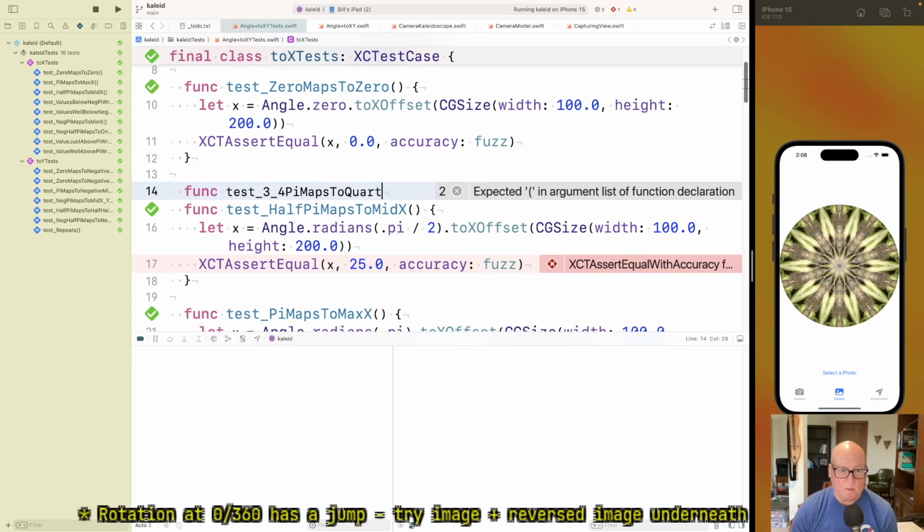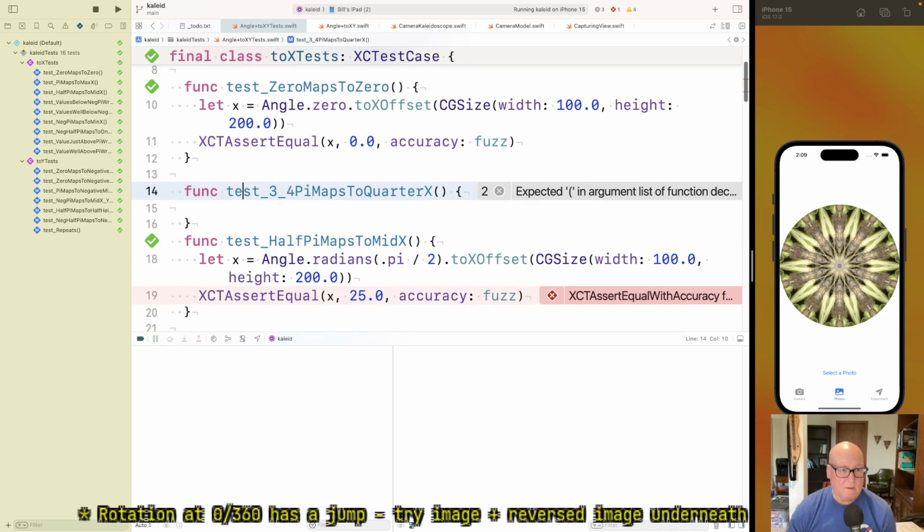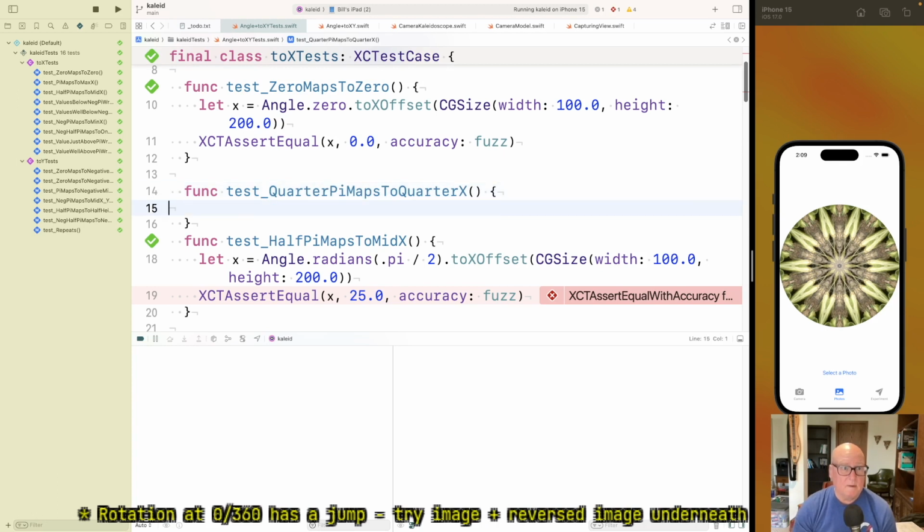I guess we'll do quarter pi first. I don't know, maybe I could say this quarter pi maps to quarter x.